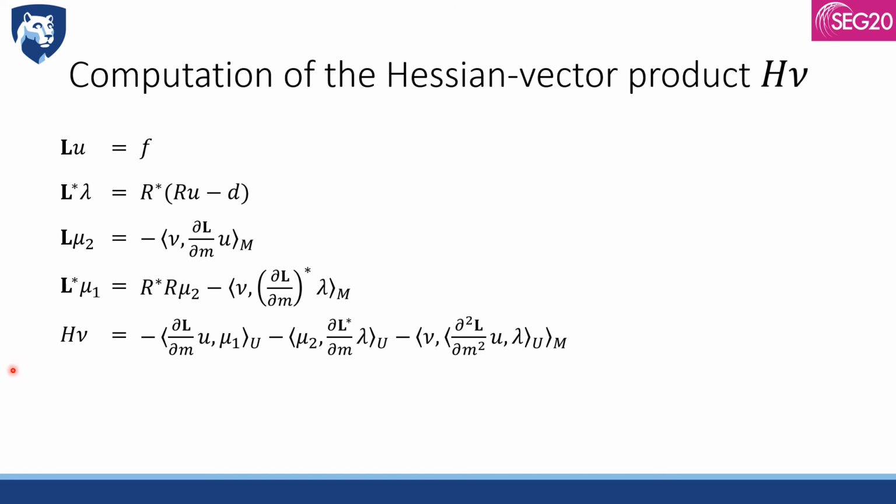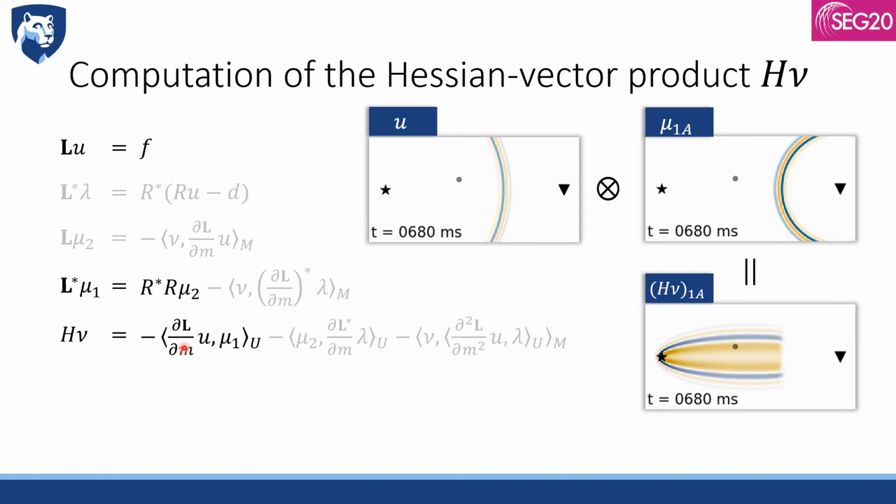Next, the Hessian-vector product H nu is made up of 3 wave field interactions. We call them H nu1, H nu2, and H nu3 respectively. The first one is the interaction between u and mu1. We first consider part A of mu1. So u propagates from the source and mu1a shrinks to the receiver.